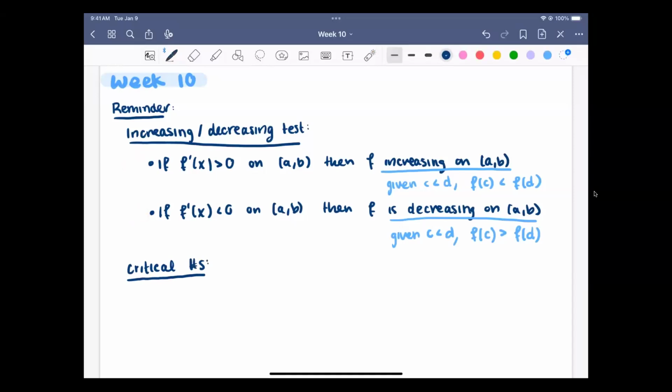So if f prime of x equals 0 or does not exist, then that value is a critical number.